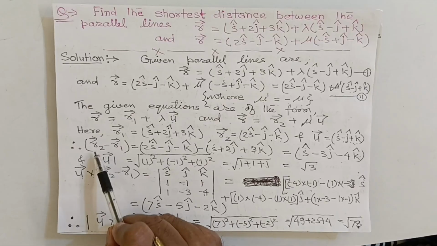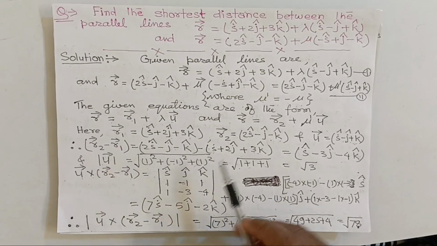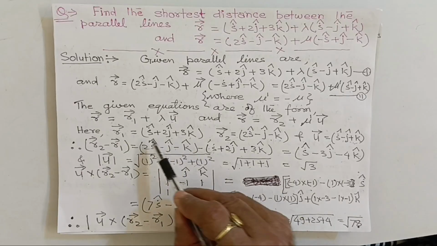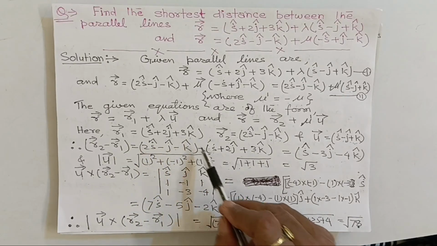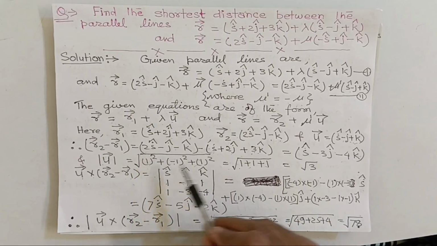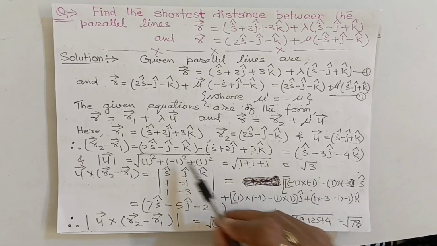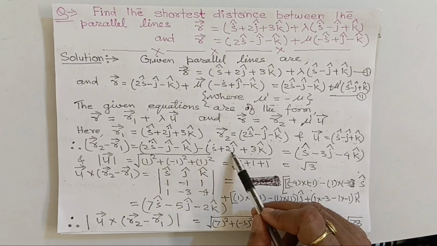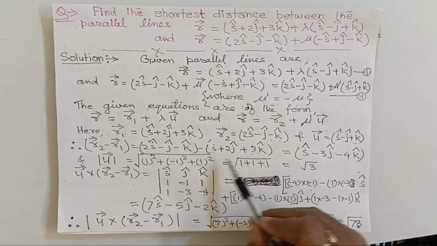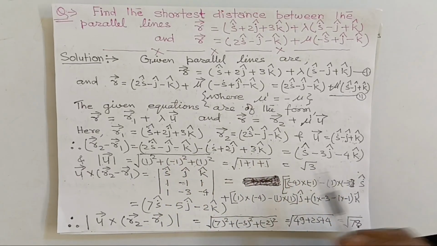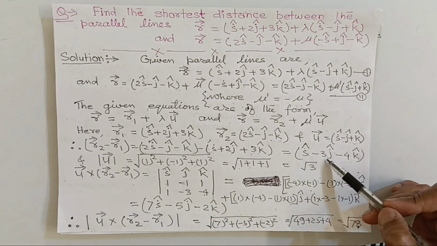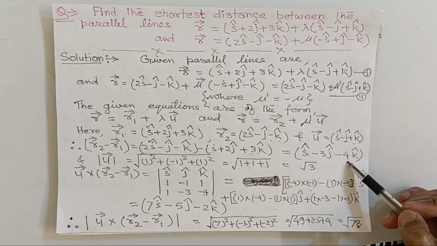Therefore, vector r2 minus vector r1 is equal to 2i - j - k minus (i + 2j + 3k). So 2i minus i is i, minus j minus 2j is minus 3j, minus k minus 3k is minus 4k. Vector r2 minus vector r1 is equal to i - 3j - 4k.